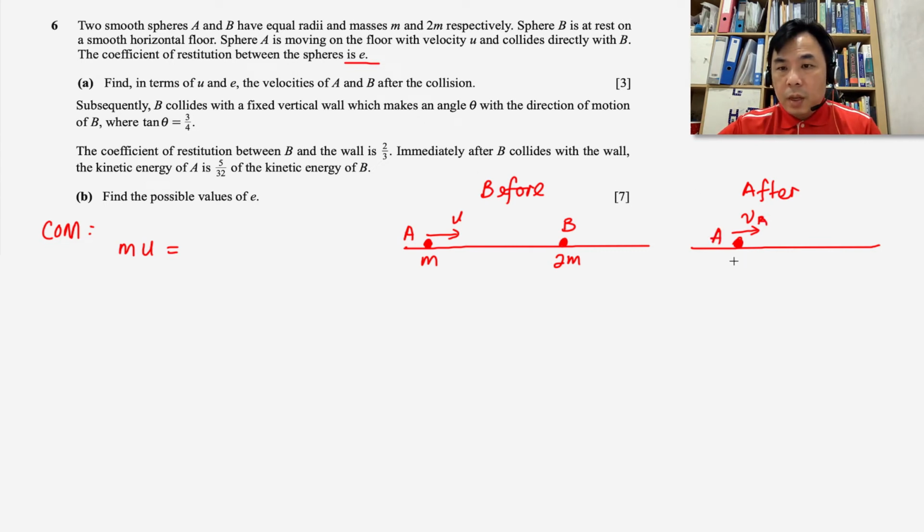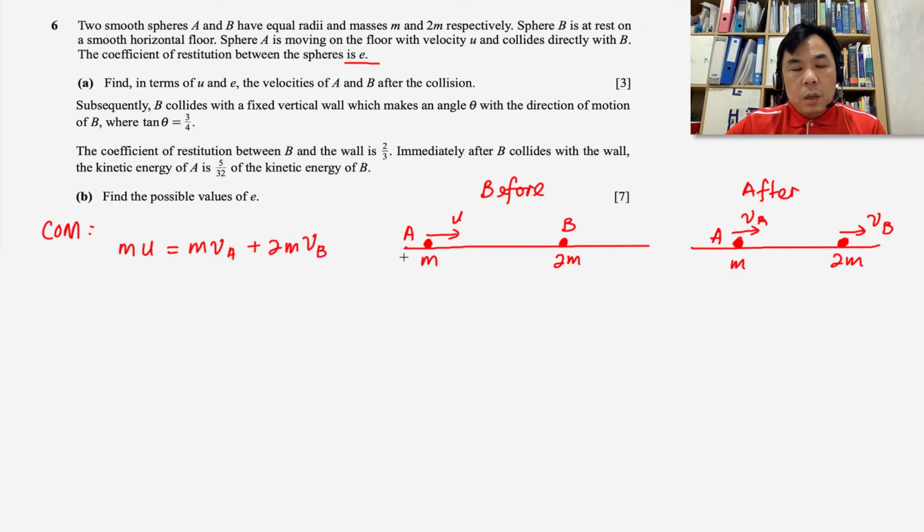This is vA. And B, after receiving extra momentum, for sure is going to move in this direction. I will label that as vB. It also has the same mass; let's assume that the mass never changes. That is how it looks after the collision. Therefore, the total momentum before collision is mu, and the total momentum after collision is given by mvA plus 2mvB.